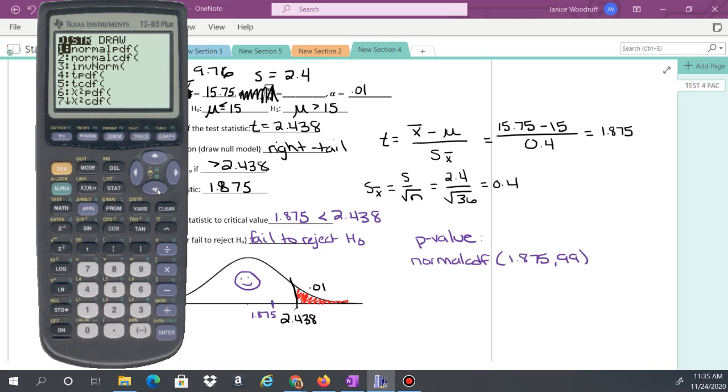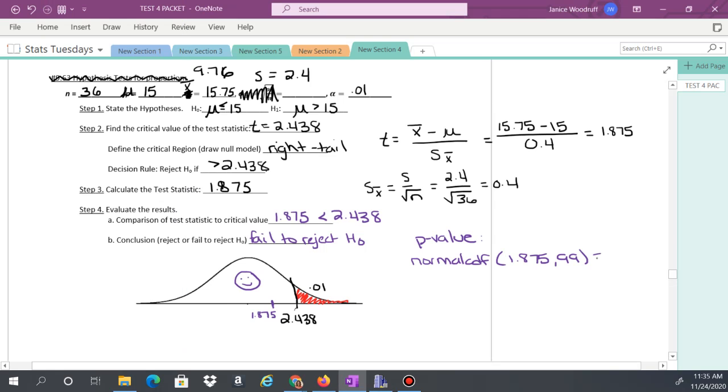That gives us 0.0303. Compared to the significance level of 0.01, it is greater. So when p is greater than alpha, you fail to reject. P is less, you reject. P is greater, fail to reject.